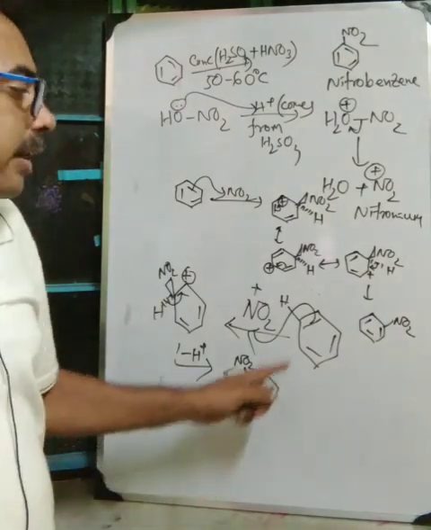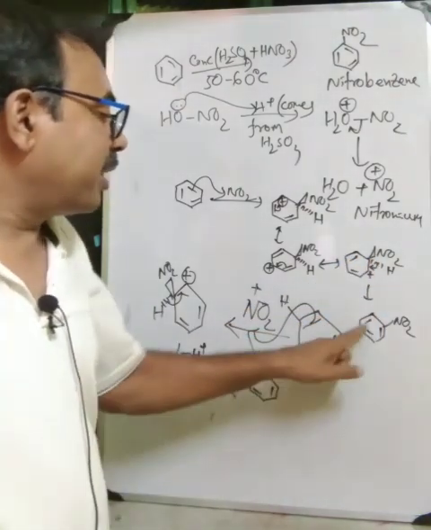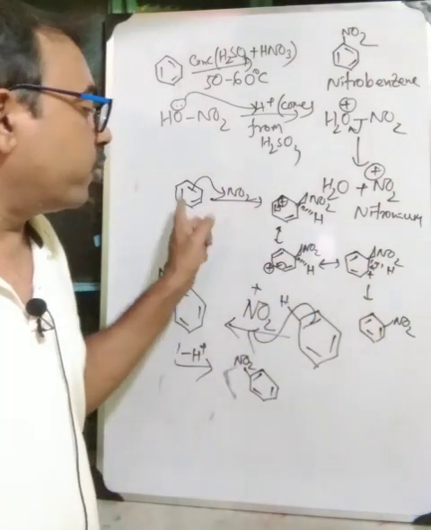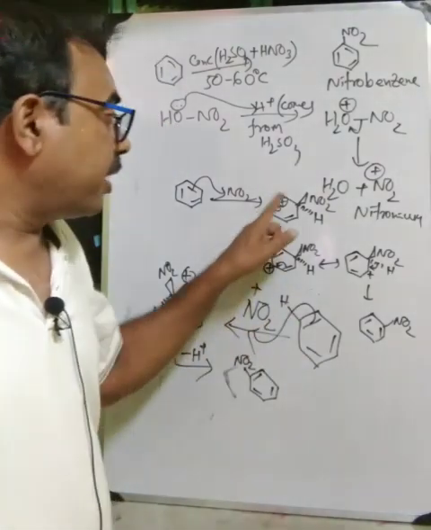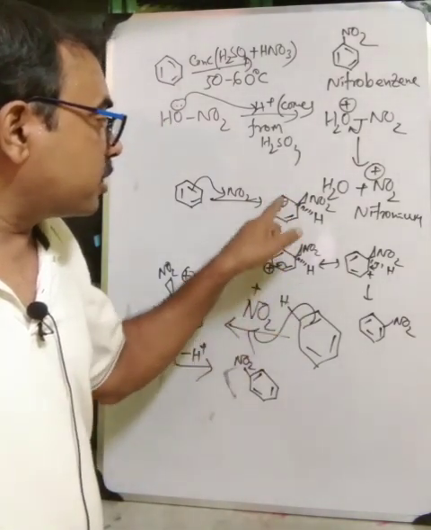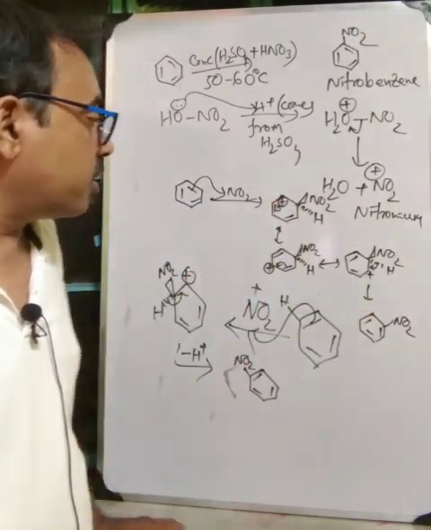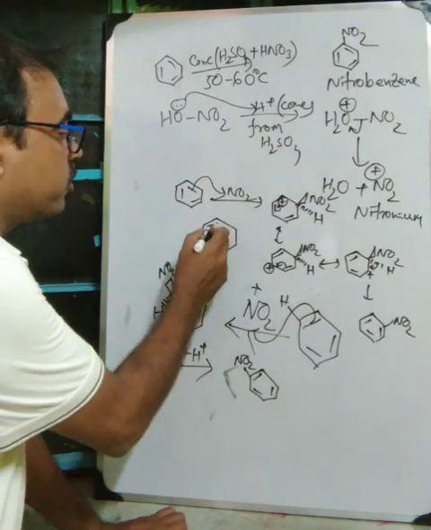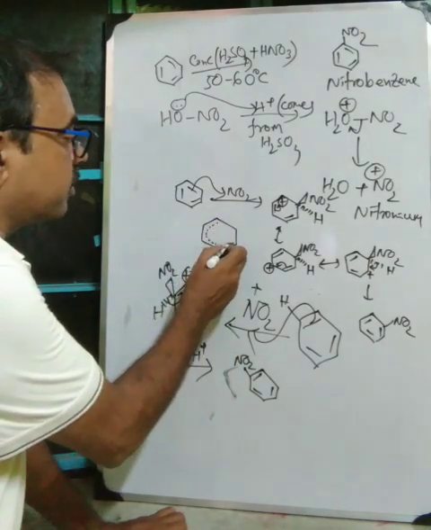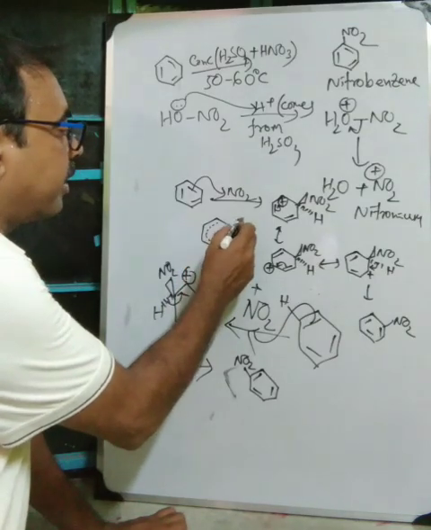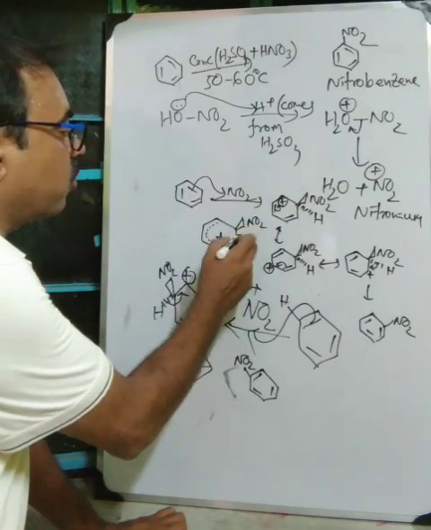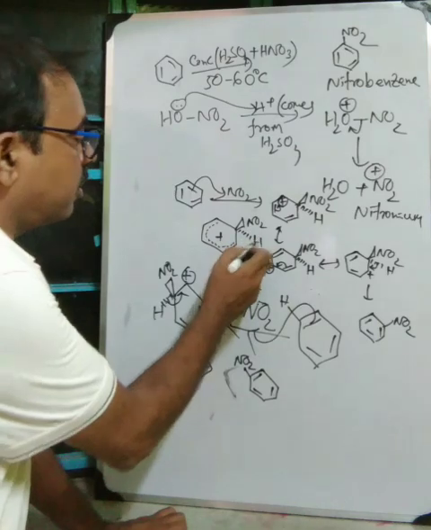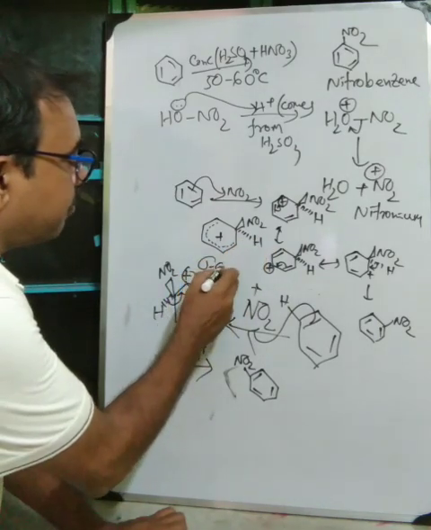So this is how NO2 replaces the hydrogen atom and the benzene regains its aromaticity. The positive charge lies between this carbon to that. So we can write this as the positive charge is dispersed over these carbon atoms, and that is why this is called the sigma complex. This is the sigma complex.